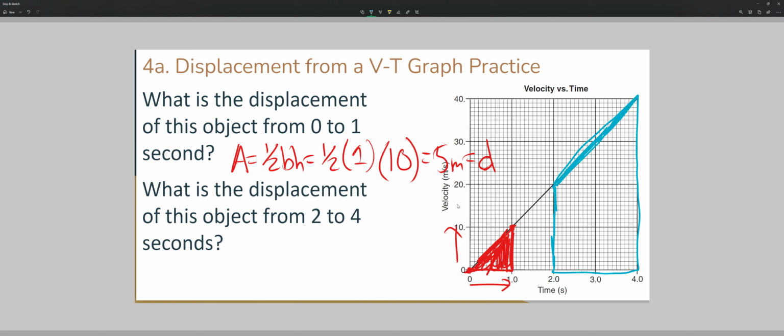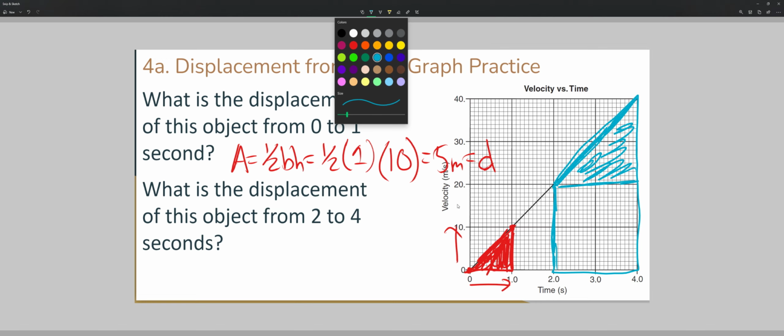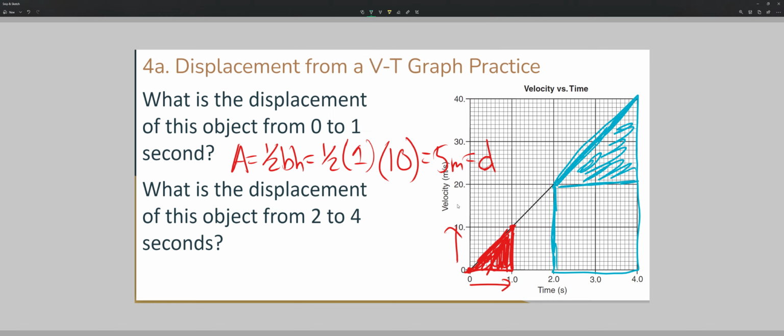Well, what do you think we need to do? We have to calculate area two times. We first calculate the area of this triangle and add it to the area of this square. So let's do just that.